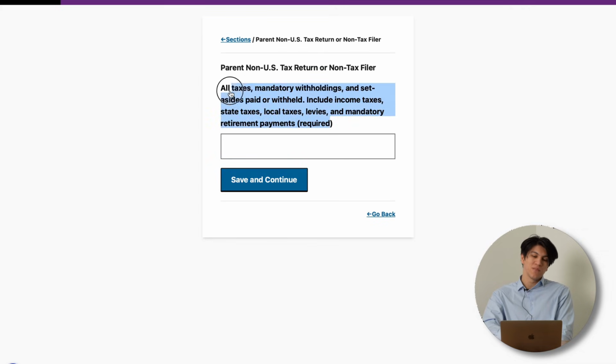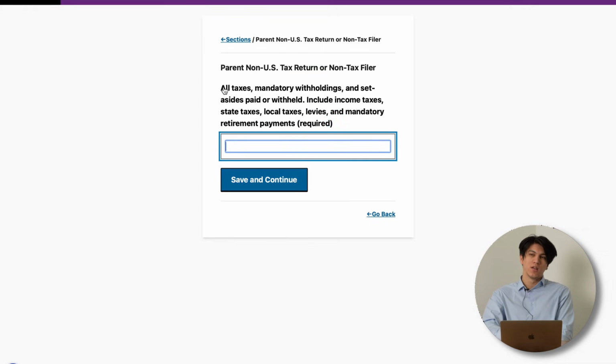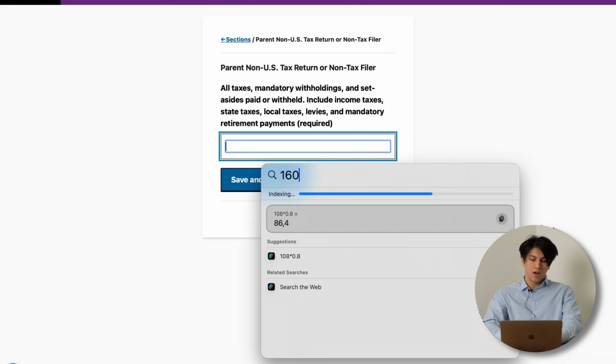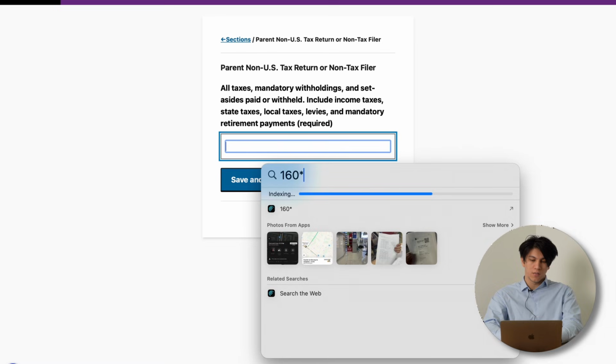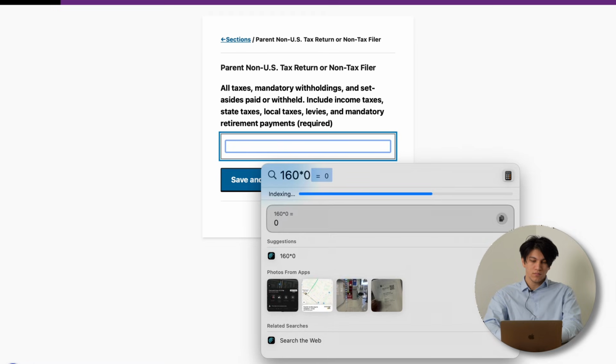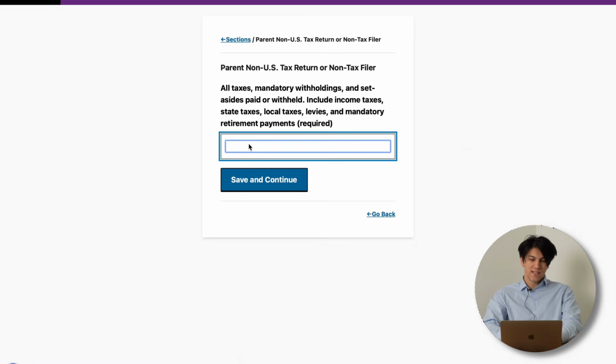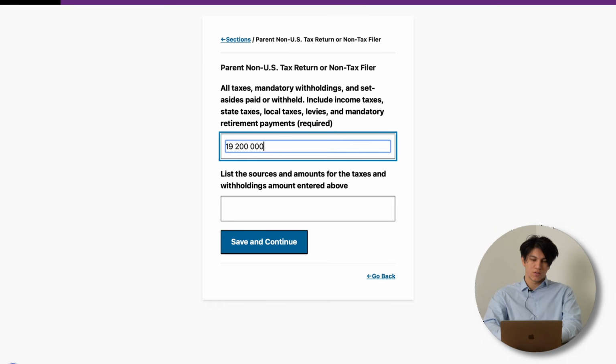All taxes, every single country has a tax code and percentage differs everywhere. In Uzbekistan, if I'm not mistaken, that's 12% of the income. So we'll be putting what? 160 million multiplied by 12%, so that's 19,200,000 sums.